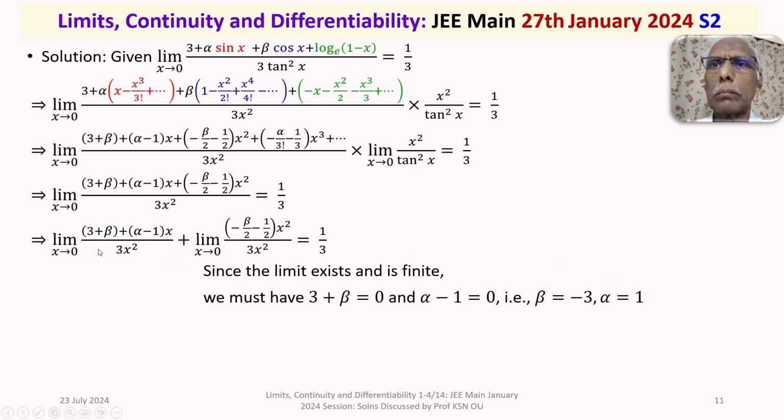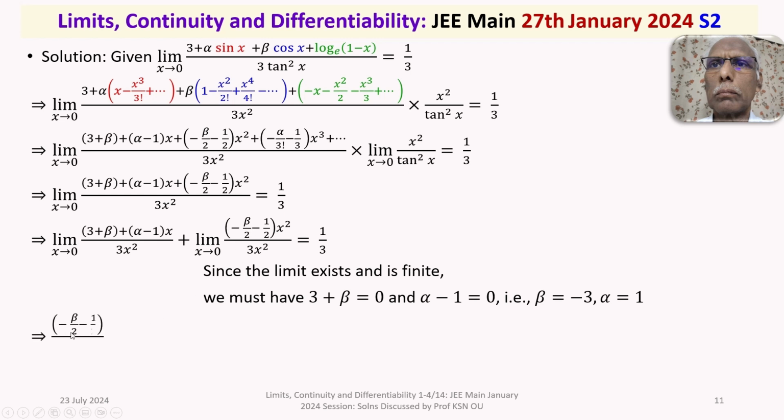Suppose you say, no, they are not equal. If they are not equal, the limit x tends to 0, 3 plus beta plus alpha minus 1 into x by 3x square does not exist. It tends to infinity. In other words, it does not exist. The limit does not exist when they are not equal to 0. Therefore, they must be equal to 0 because the limit exists. So that's the reason.